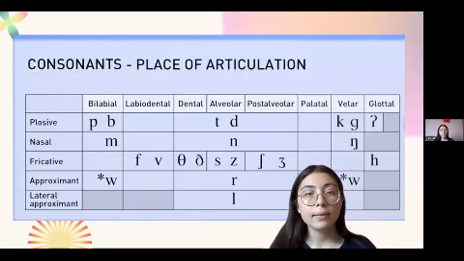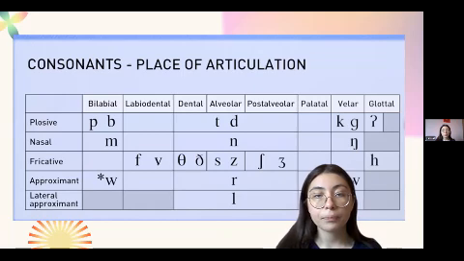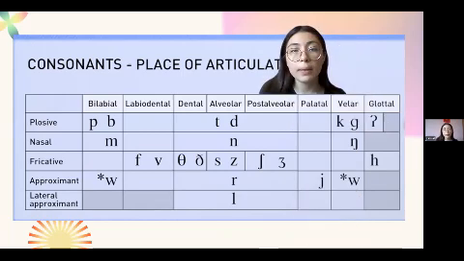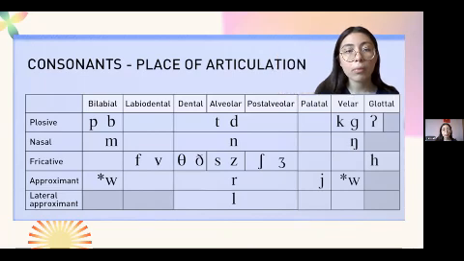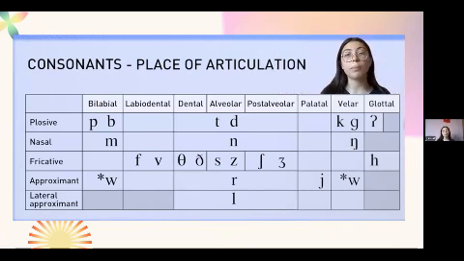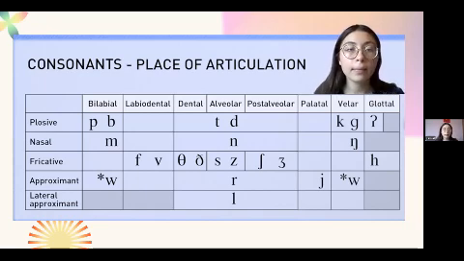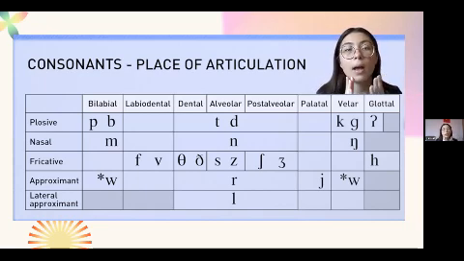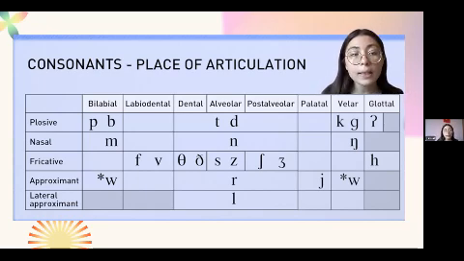Now let's look at consonants in place of articulation. Labial is while pronouncing these sounds, we're using both of our lips, and labiodental is we're only using our bottom lip and upper teeth. Dental is we're using our tongue and teeth.